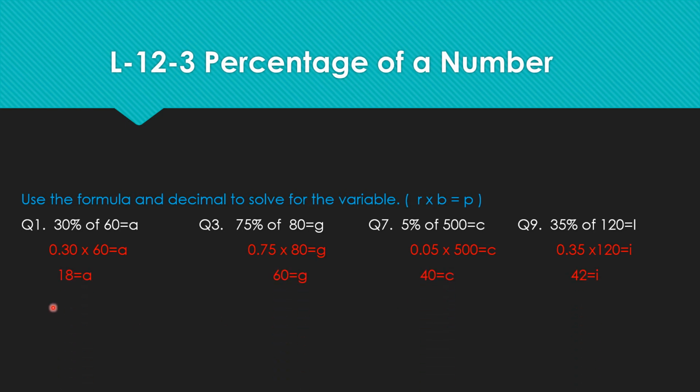Then you can see the answers. 0.3 multiplied by 60: what do we get? 18. And 0.75 multiplied by 80 is 60. And 0.05 multiplied by 800 is 40. And 0.35 multiplied by 120 is 42. I think you understand this one.